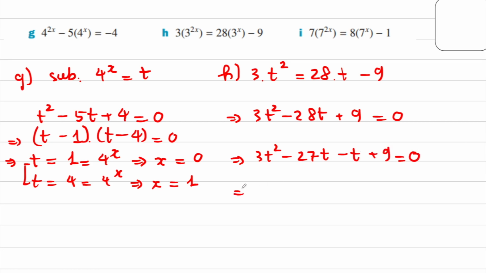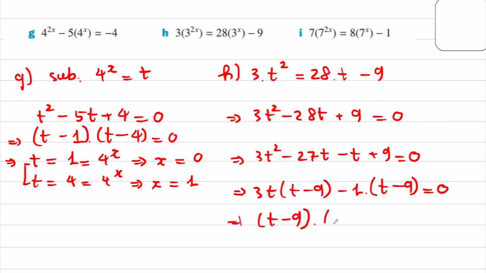And then you got 3t outside, t minus 9, minus 1 will be here, t minus 9. The factorizing method for this one is a little bit harder. t minus 9 multiplied with 3t minus 1 equal to 0. So t equal to 9 and t equal to 1 over 3.